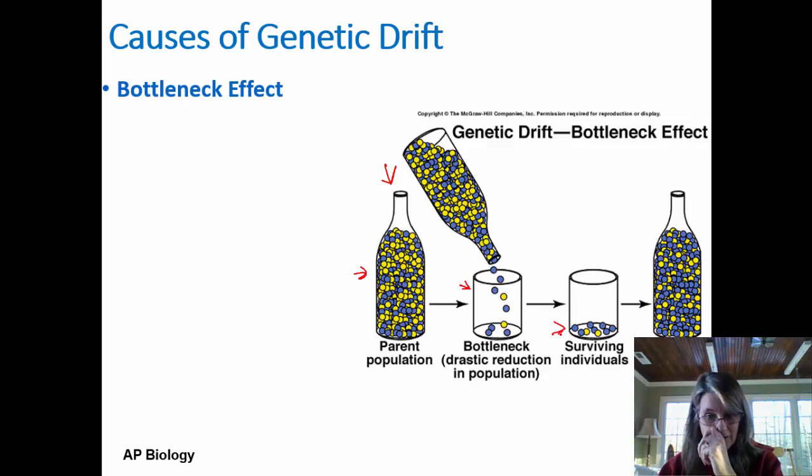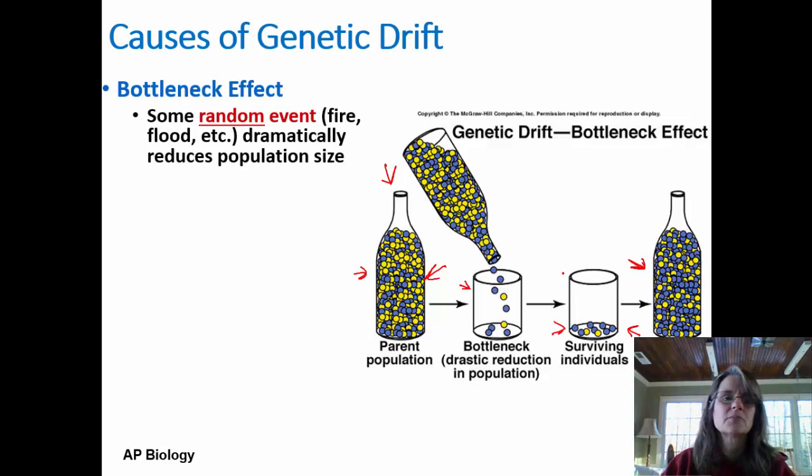These are our surviving individuals. Now, what's going to happen is the next generation, if you look at this bottle, their gene pool is going to be different. They're going to have a lot more blue genes than they did originally. There were probably equal amounts of blue and yellow in this bottle, but now in this next generation, there's going to be lots more blue present because of this bottleneck the population passed through.